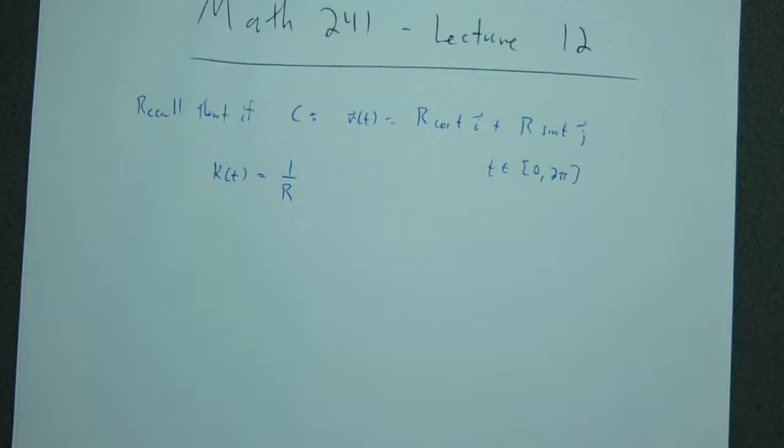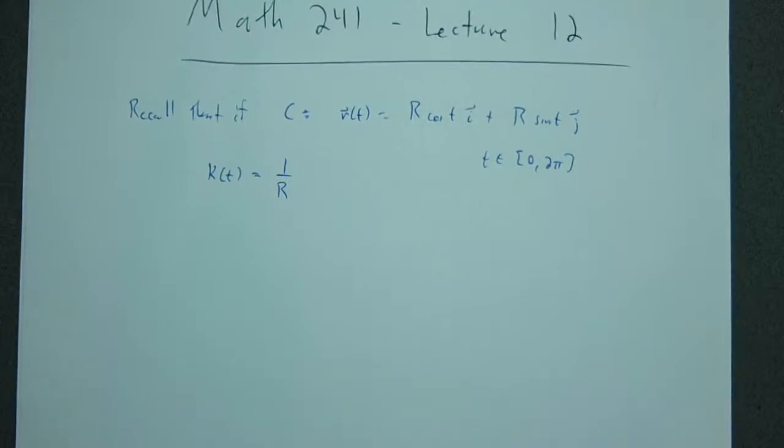Now, according to what I said last time, curvature for plane curves determines the curve. What this means is that if you have a curve with constant curvature, there are two cases. Either the constant curvature is 0, or it's some positive non-zero constant.